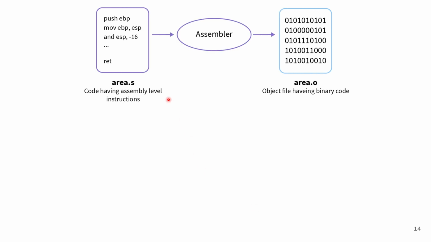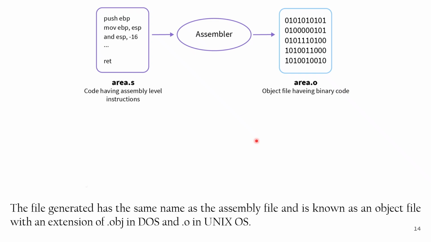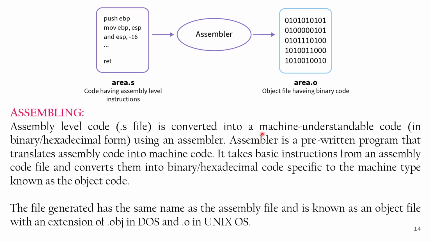These assembly level instructions are then submitted to the assembler. The assembler is responsible for converting the assembly instructions into machine understandable code. The assembler is a pre-written program that translates assembly code into machine code.